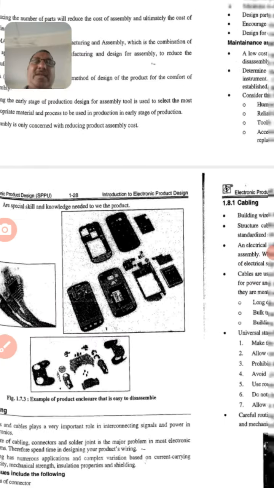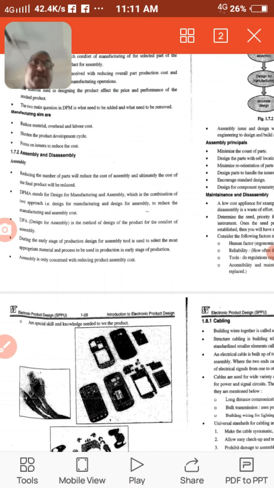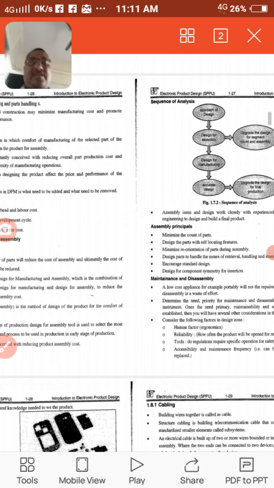So if there are fewer components for disassembly, he will assemble again easily without any fault, and there will be reduced effort for the maintenance person.